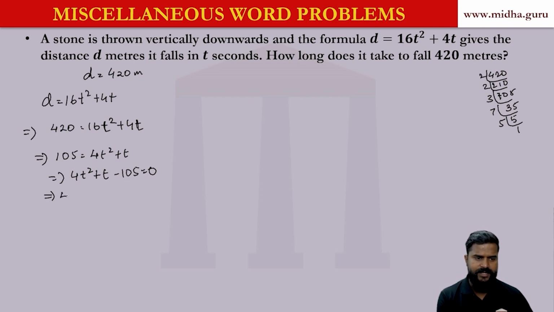So we'll take it as 4t square plus 21t minus 20t minus 105.